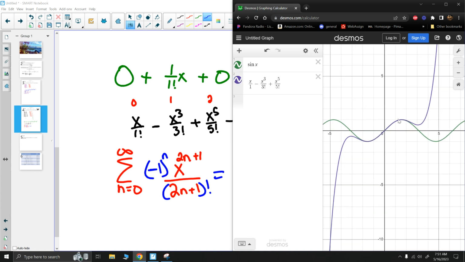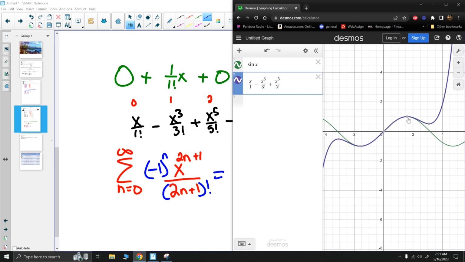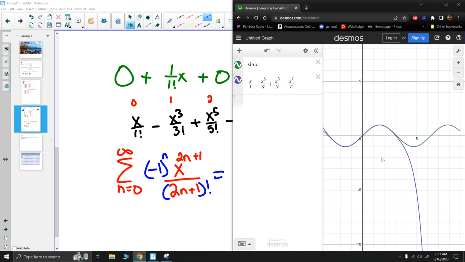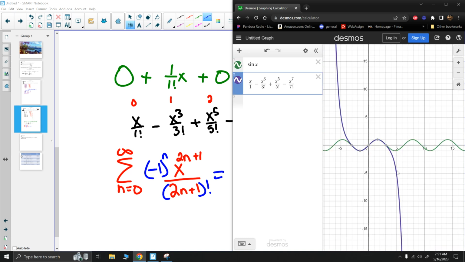And if you notice as well, it's actually working beyond some radius of say 1. It's going out pretty well. If we take x to the 7th over 7 factorial, it's pushing it out even further. And so this one's radius of convergence is also going to be infinite, much like our e to the x.